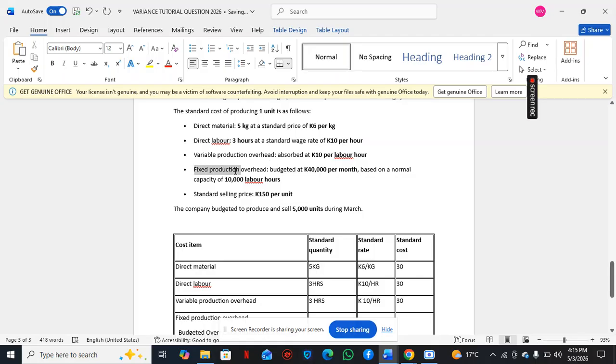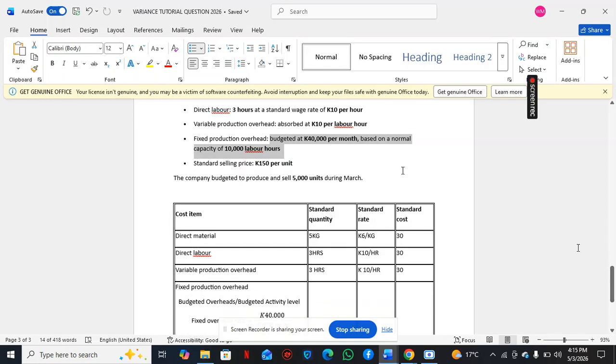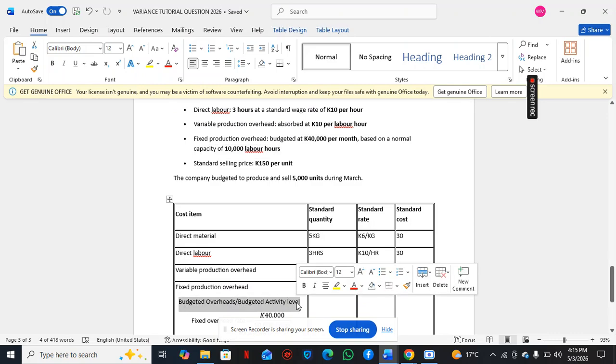Okay. The fixed production overheads, we have our budgeted overheads at 40,000 per month based on a normal capacity of 10,000 labor hours. So we'll find our fixed overhead cost per unit. We find first our overhead absorption rate. Remember, budgeted overheads over budgeted level of activity.